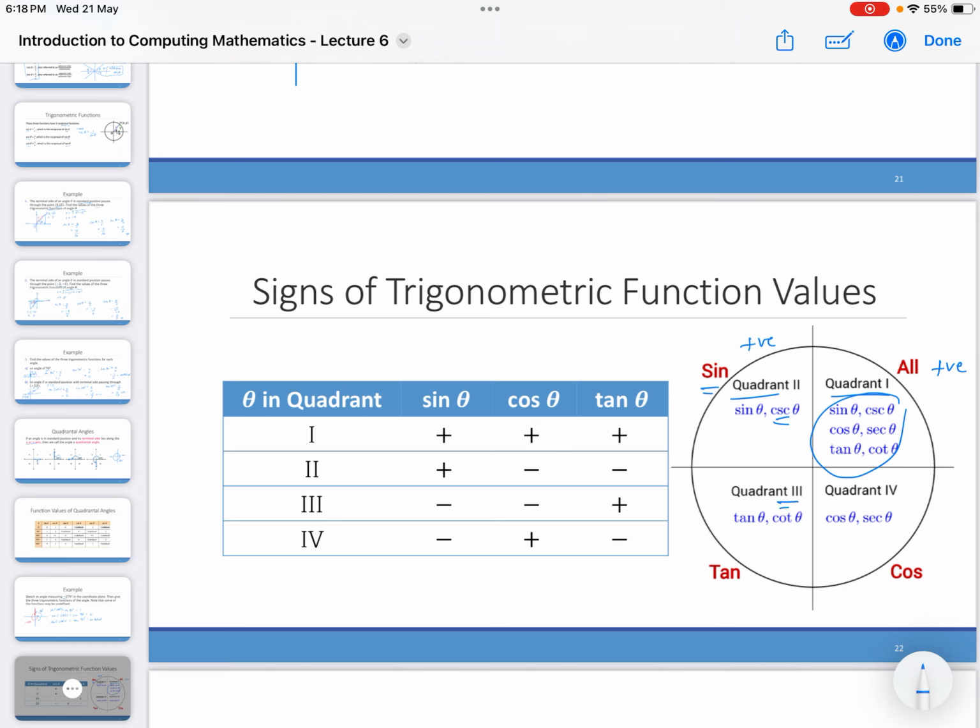For quadrant 3, only tangent is positive, and the reciprocal function, cotangent. And quadrant 4, only cosine is positive, and the reciprocal function, secant theta. I summarize the positive and negative signs inside this table.